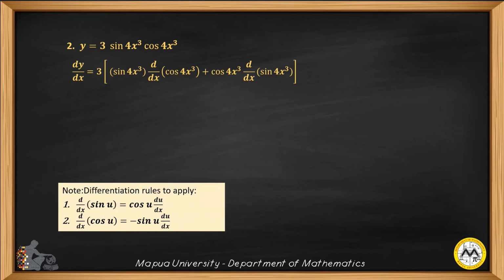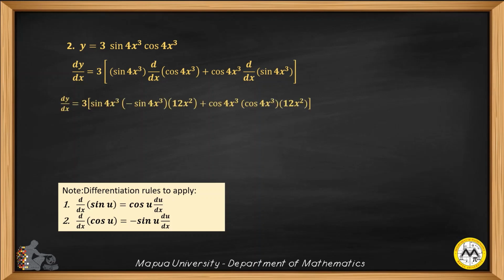In differentiating cosine of 4x cubed and sine of 4x cubed, we will be using the rule as shown. The derivative of sine u with respect to x is cosine u times du dx, and the derivative of cosine u with respect to x is negative sine u times du dx.